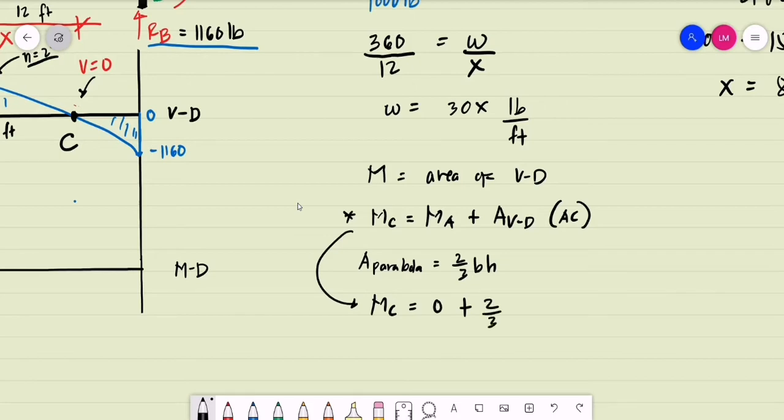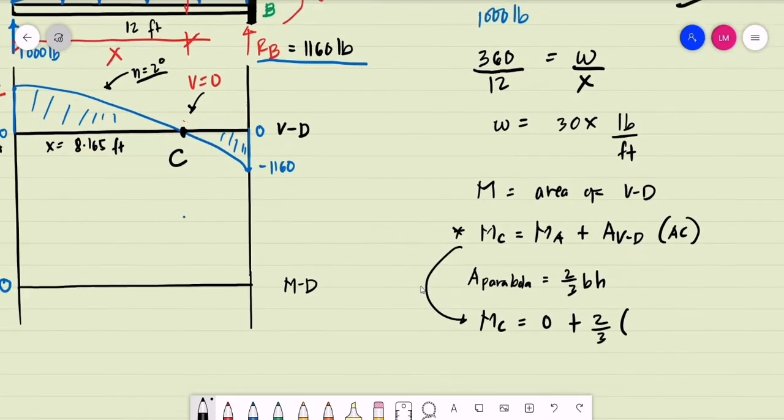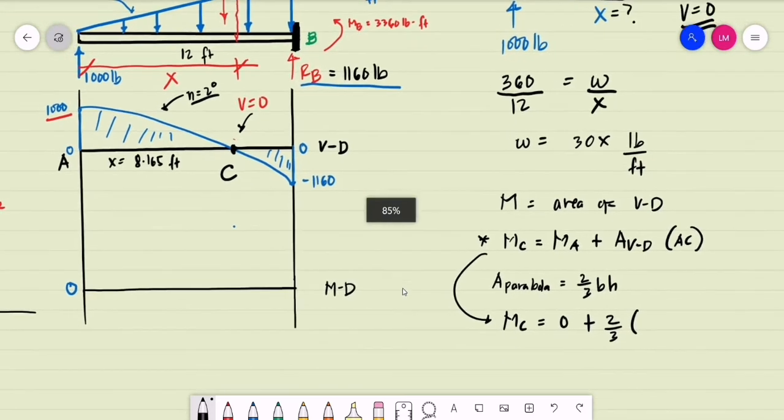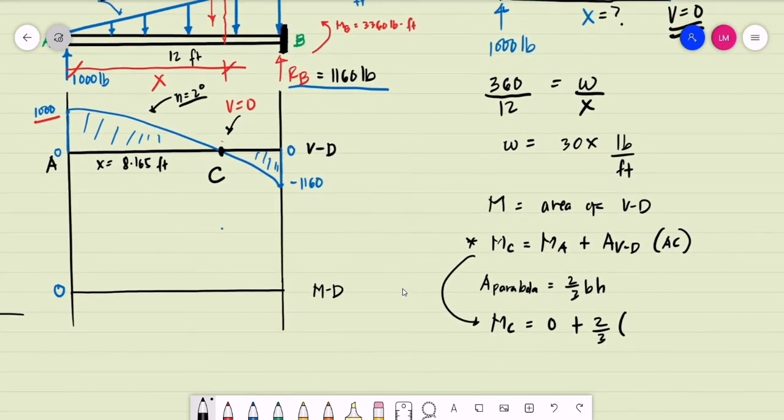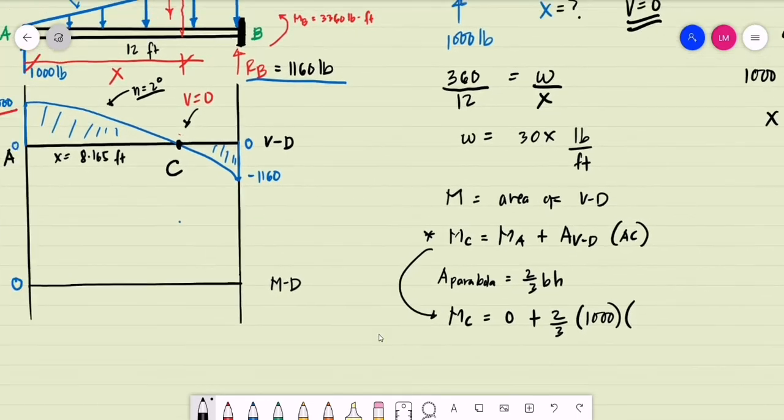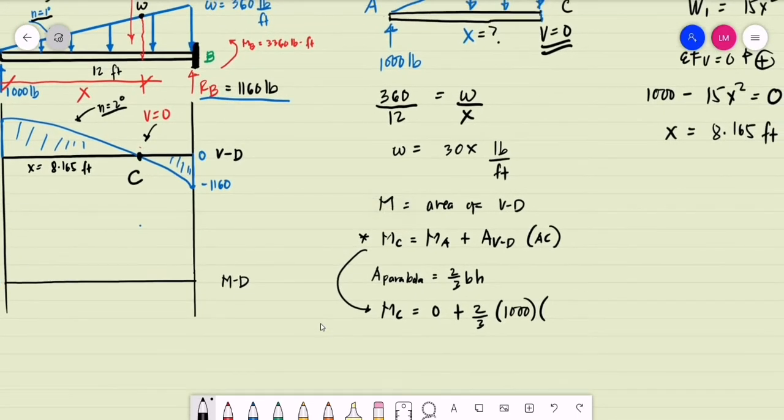This is equal to 2 over 3 of the area, so we have a base of 1,000 pounds multiplied by its length, 8.165 feet. This will be the equivalent of the moment at C. But since that is also the location of the zero shear, possibly this is our maximum moment.